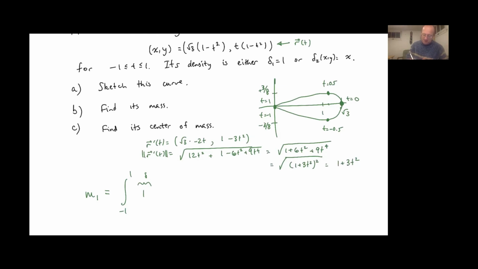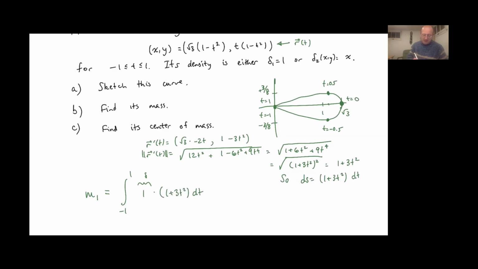So ds is 1 plus 3t squared dt. And that's what goes into our mass, 1 plus 3t squared dt. Well, it's not too complicated of an integral.